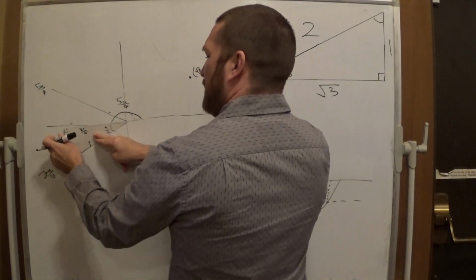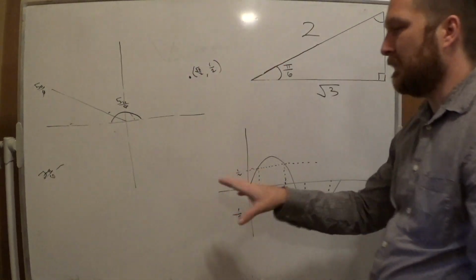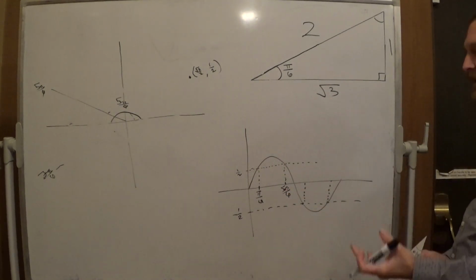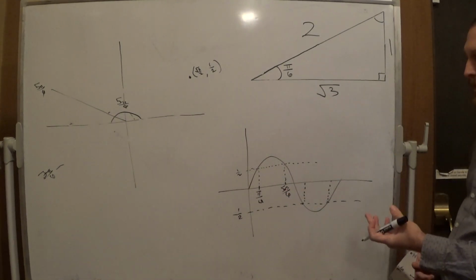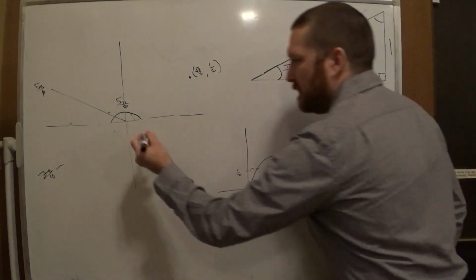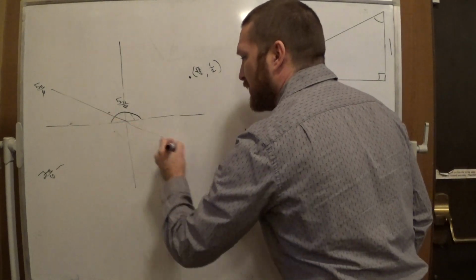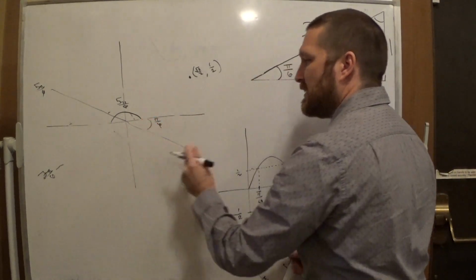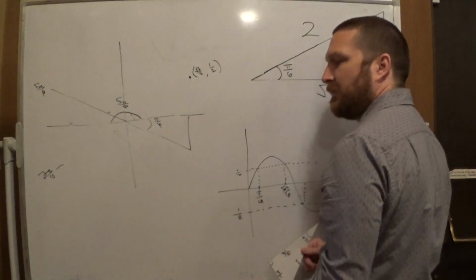This is what I was saying. I didn't go explicit like I'd like to with this stuff. I just said, once you know the reference angle, then you know this, and this is why you know this stuff. Because pi over 6 is the only other way to make a negative 1/2 right there.